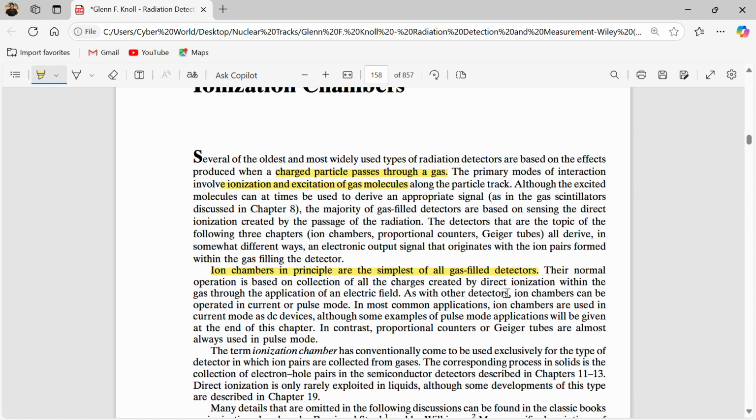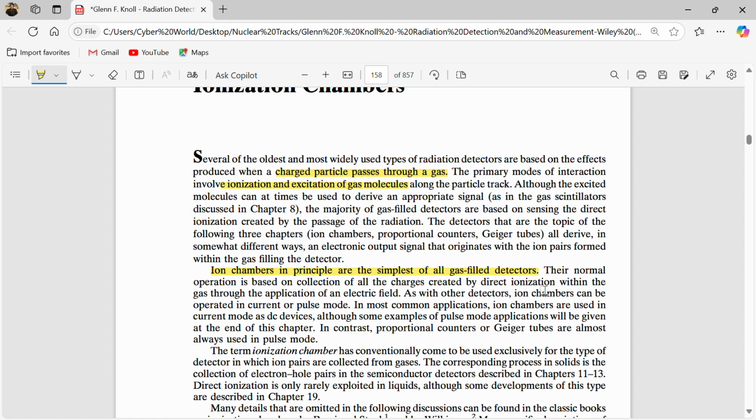Their normal operation is based on the collection of all the charges created by direct ionization within the gas through the application of an electric field. So you have to apply an electric field externally. Like other detectors, ion chambers can be operated in current or pulse mode.